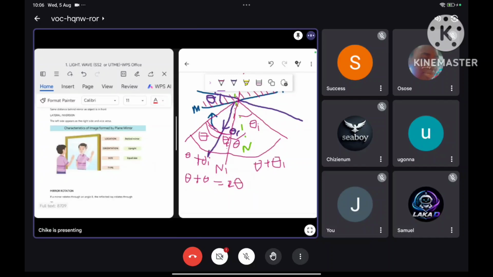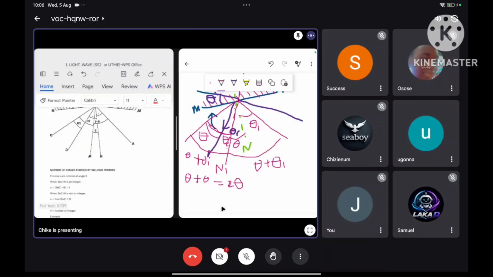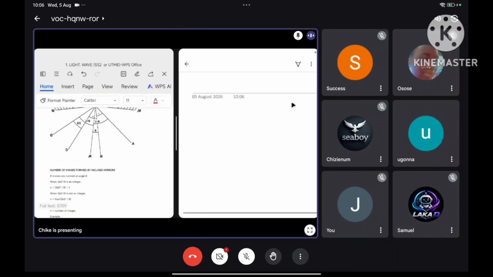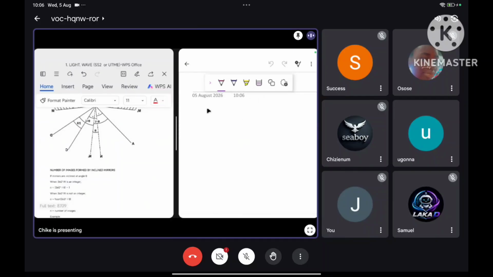So the formula for number of images formed by a plane mirror is given by 360 over theta, minus 1. So this is the formula for number of images formed when 2 mirrors are inclined.